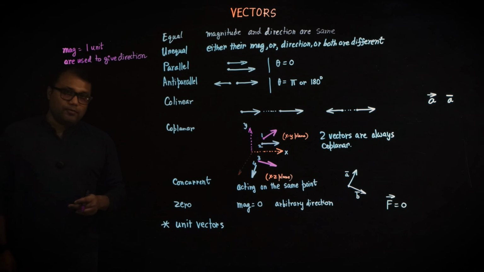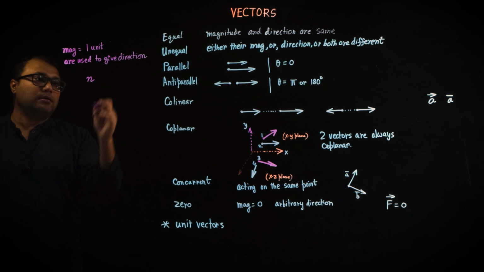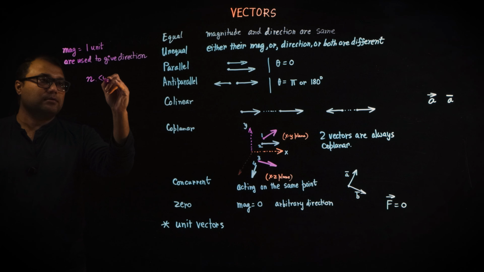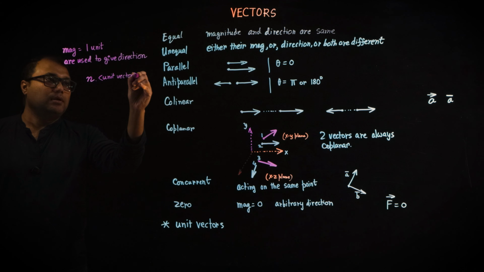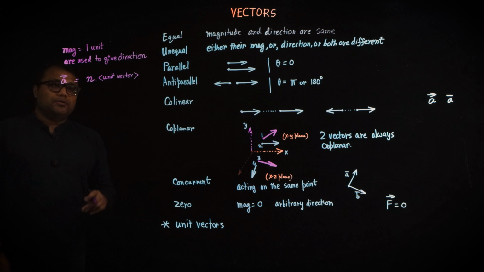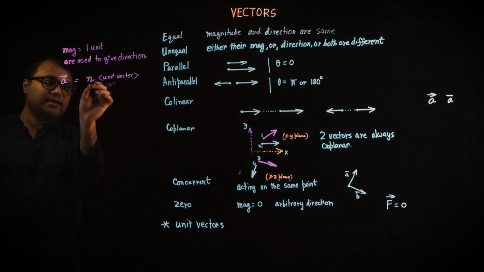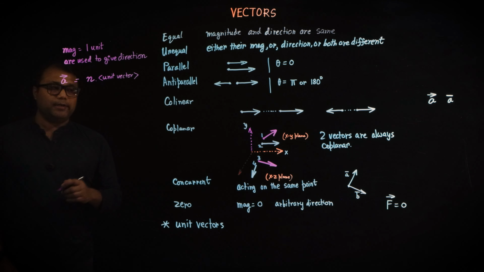Now when I multiply a scalar quantity, let's say n, with a unit vector, it gives me the total vector. So this unit vector is giving the direction of the vector, and the scalar quantity is giving the magnitude of the vector. Now why is this important?